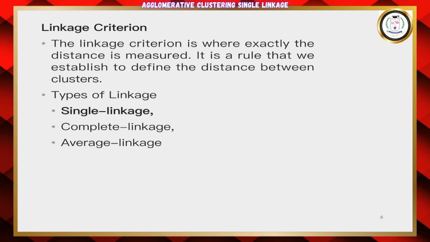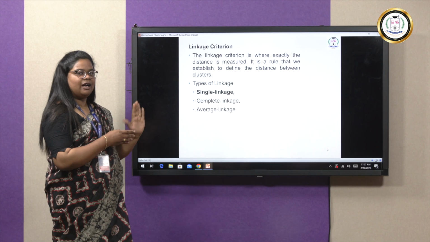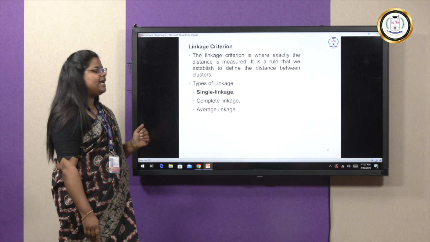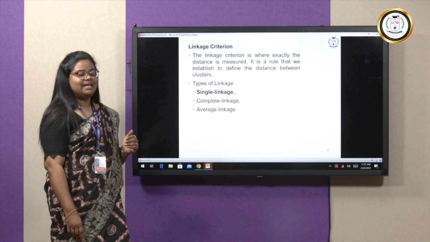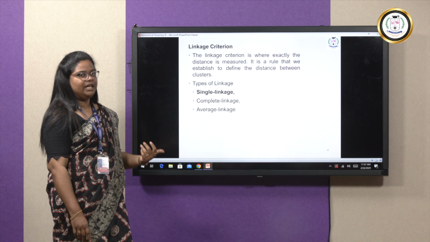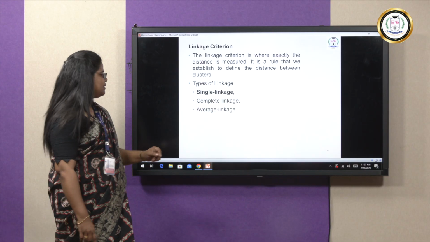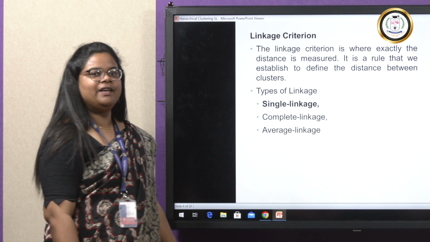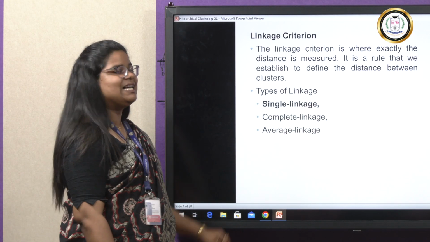For the linkage criterion, we use the same approach as for other clustering methods. Distance is the factor. Using distance, we have different types of clustering methods under agglomerative clustering. Single linkage, complete linkage, and average linkage are the most commonly used agglomerative clustering methods. In this video, we are going to solve a problem using single linkage.